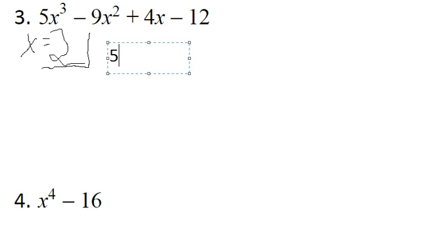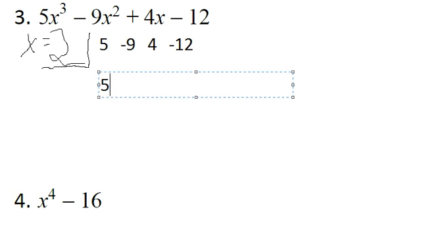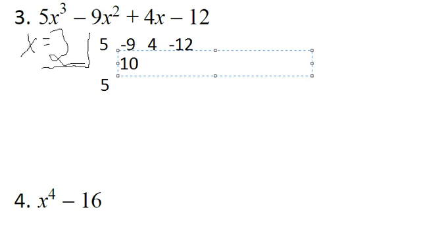So we're going to go 5, negative 9, 4, and negative 12. And I'm just going to do division. So first, I drop down this first number, always, just drop down that first number. Then you take it, multiply by what's in the box. I get 5 times 2 is 10. And I'm going to add it to the number above it.